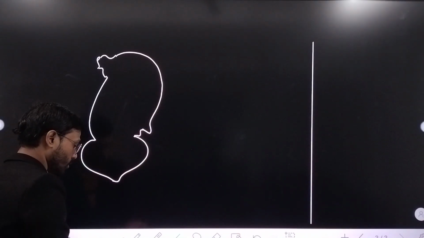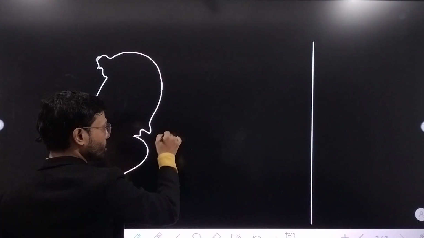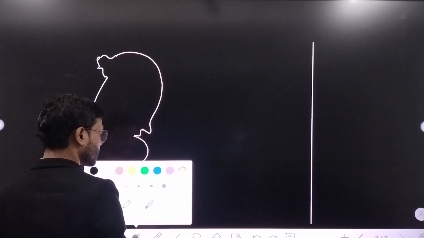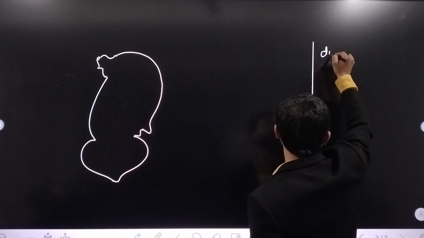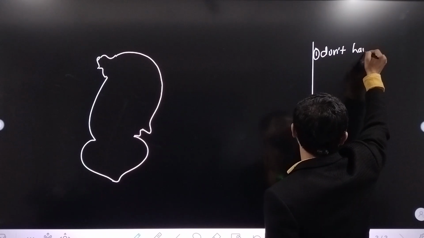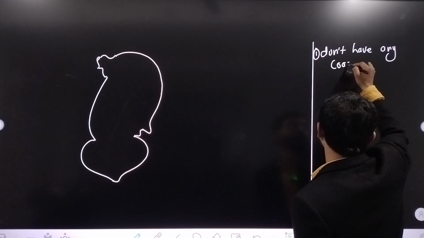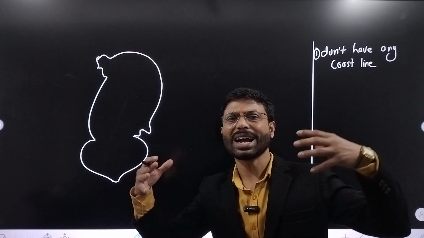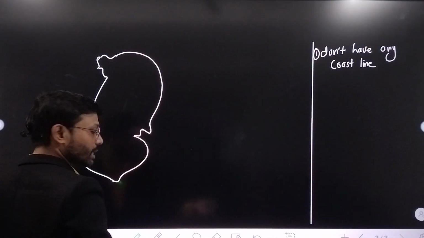See here, as I have already told you, it does not share a boundary with any kind of sea, so you may call it what? We don't have any coastline. First point is what? Don't have any coastline. Means we don't have any direct connection with the sea.